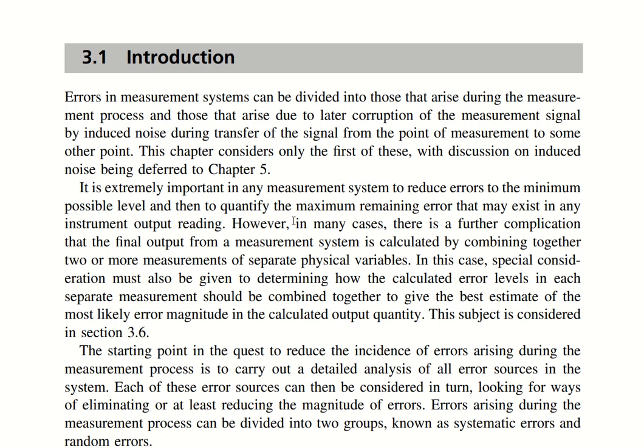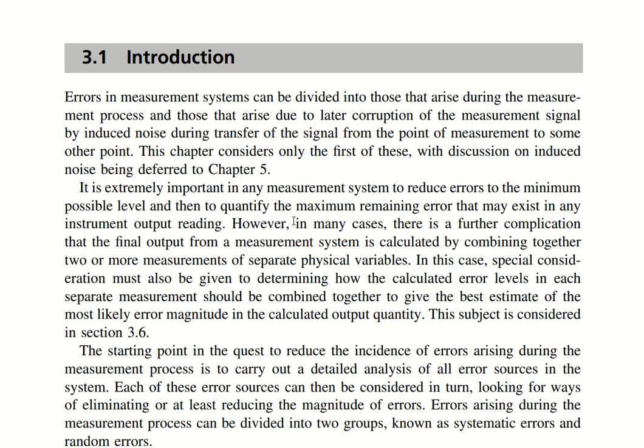In such cases we have to take special consideration in order to determine the calculated error level in each separate measurement, and then we have to combine them together to give the best estimate of the most likely error magnitude in the calculated output quantity, and that is exactly what we are going to discuss here.